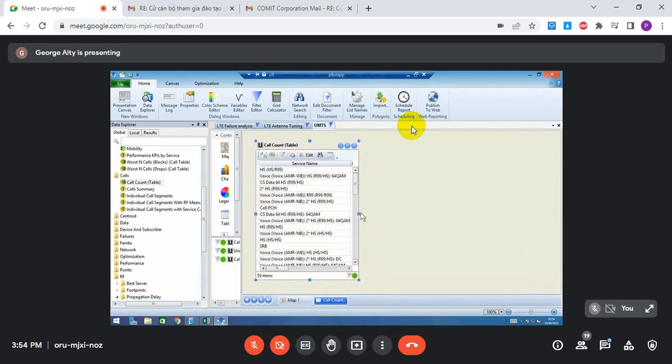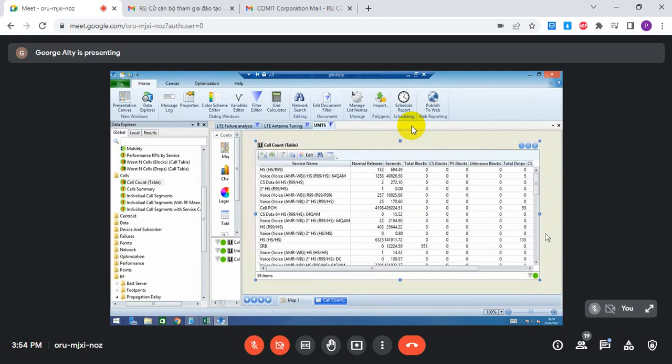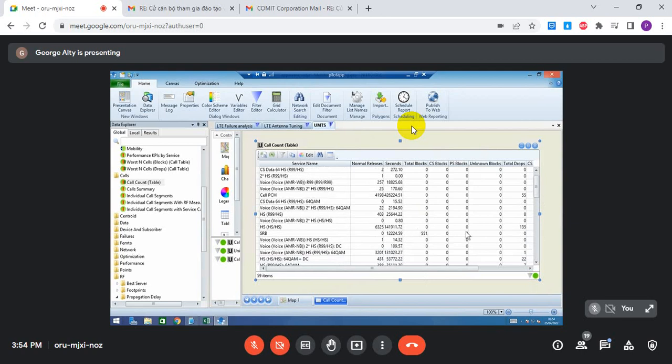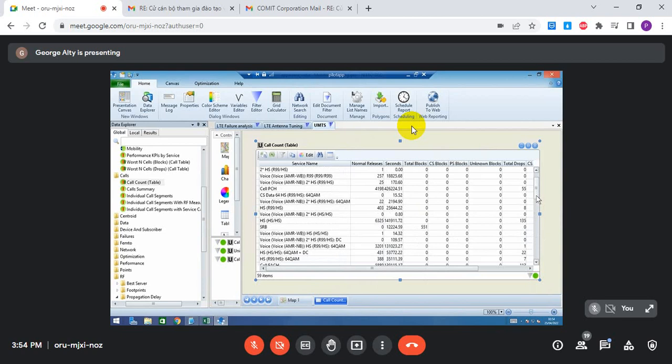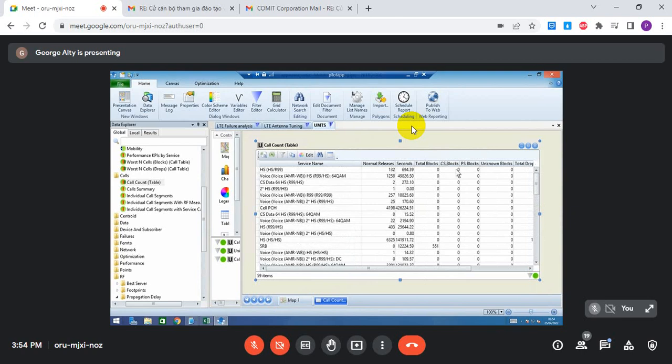That details the service we're seeing, and durations, and the number of blocks. You can see here that for the SRV there is a high number of blocks. Exactly what the reasoning behind that is, I don't know. But you can filter that by service, or PS blocks, CS blocks. I'll go to CS. I don't think there are many there, but let's have a look.